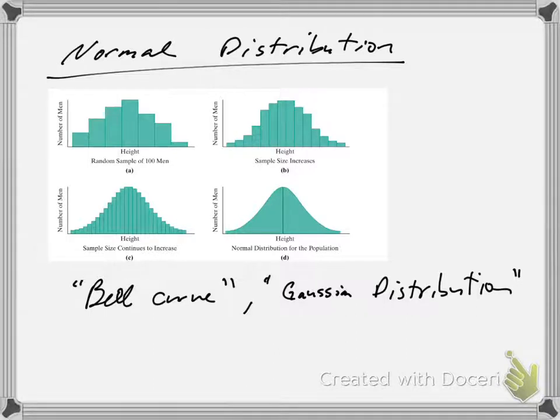Okay? So we're going to talk about how we orient a bell curve in the distribution, and how we define something called z-scores. So we're going to talk about all that stuff here now.